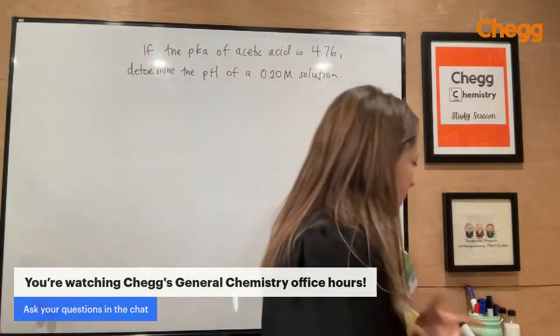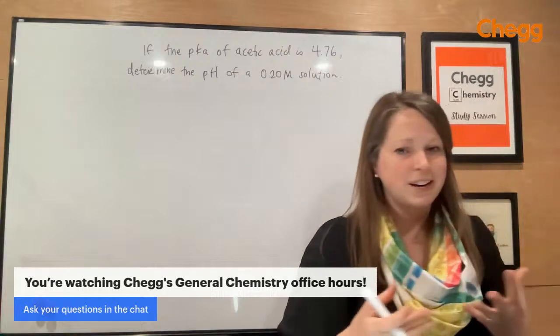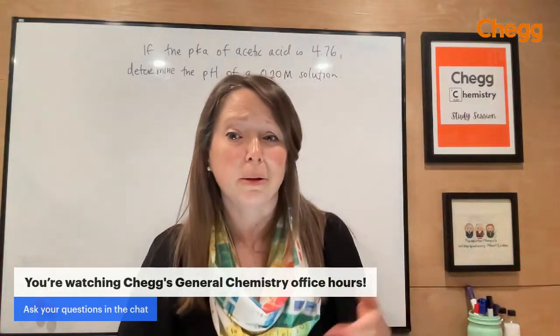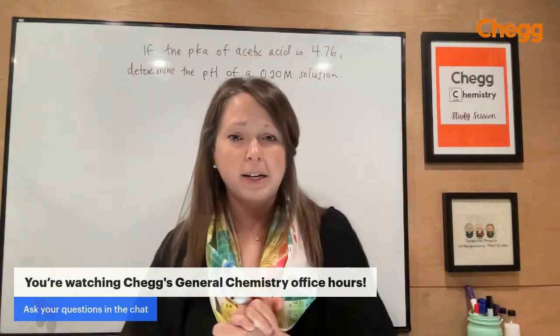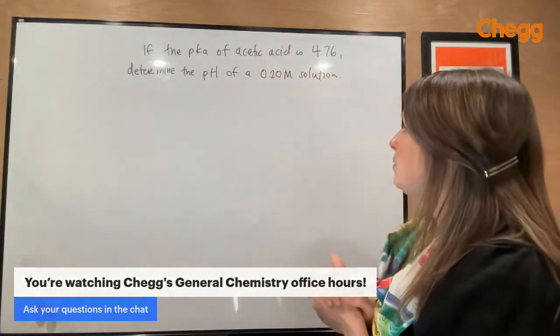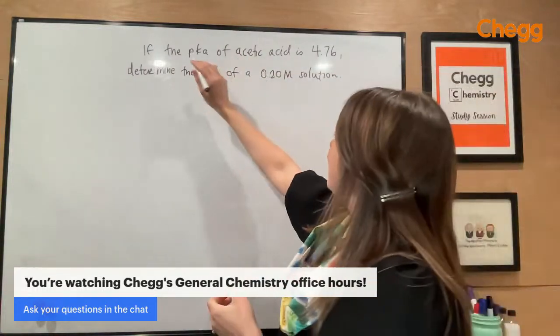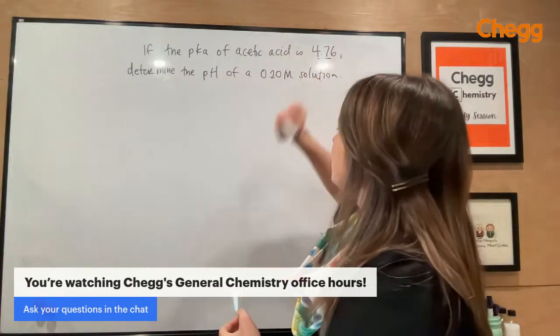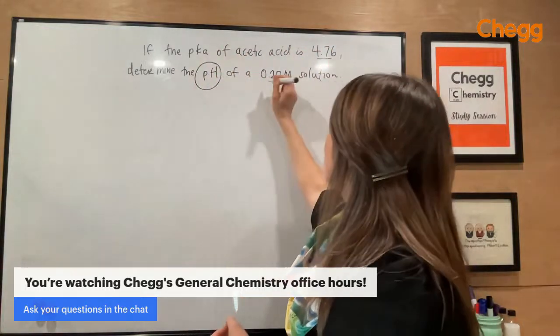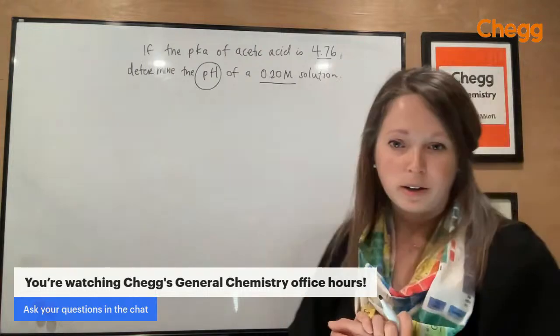All right, so the reason acid-base chemistry, you get a lot of exposure to equilibrium in this unit as well. So the first thing we want to do, we know the pKa is 4.76. We want to find the pH of a 0.2 molar solution.